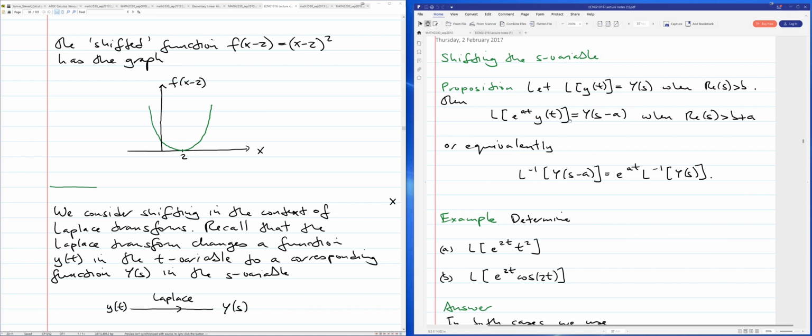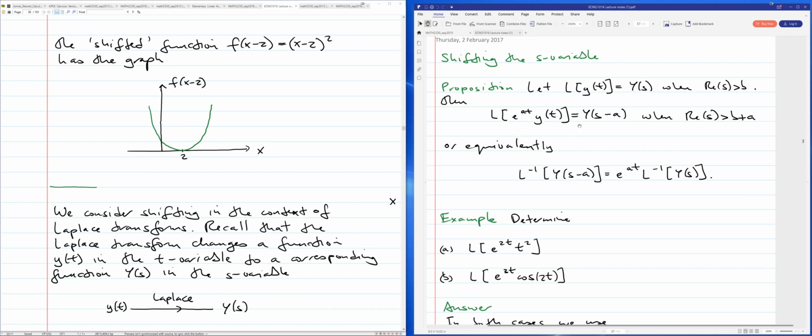Another way to look at this is, if I take my function and multiply by an exponential and then take Laplace, that would cause my original Laplace transform in s to shift by a.